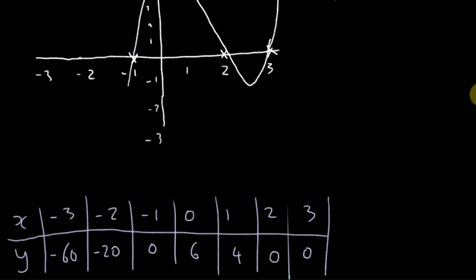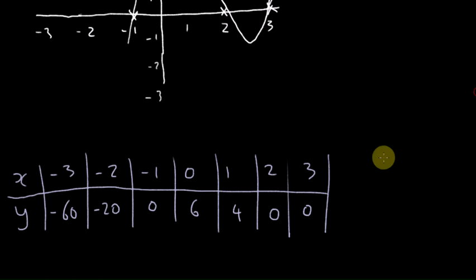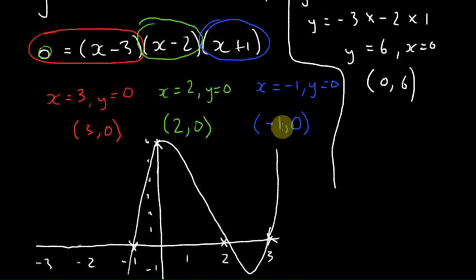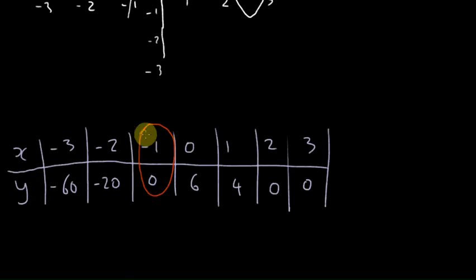I don't know if you have noticed, I wouldn't expect you to have noticed, but when we said we want to put y equal to 0, we got the point, where was it? Here we go, -1, 0. When y was equal to 0 here, we got -1, and there it is here.